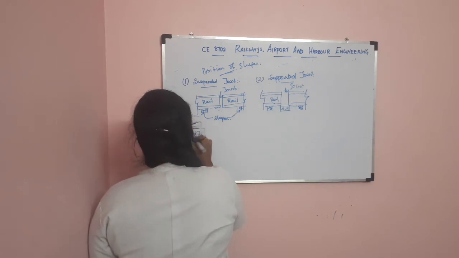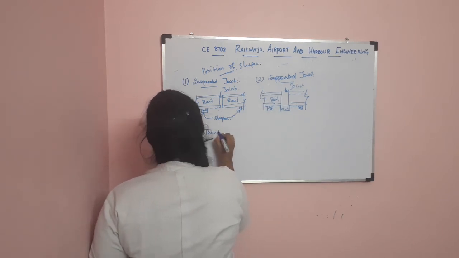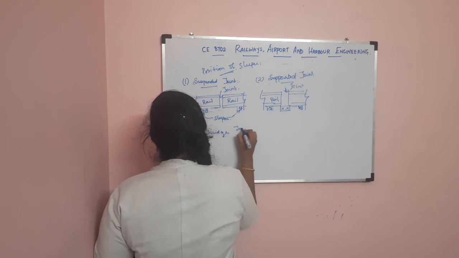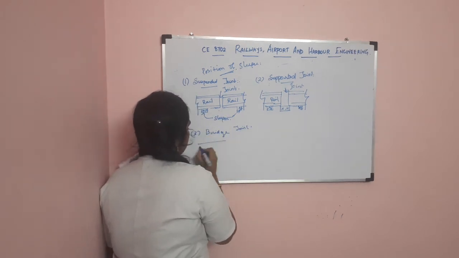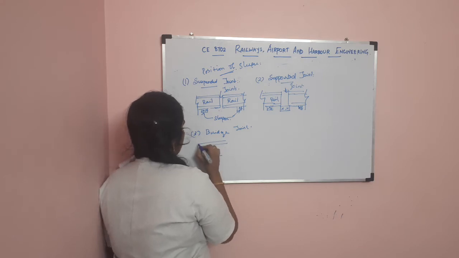And third one is the bridge joint. It is similar to the suspended joint, but only one change is there.